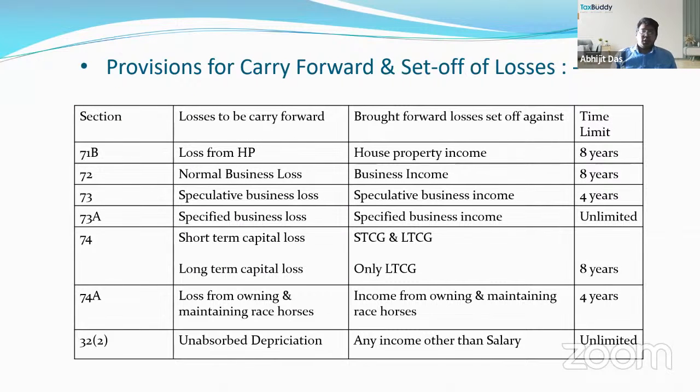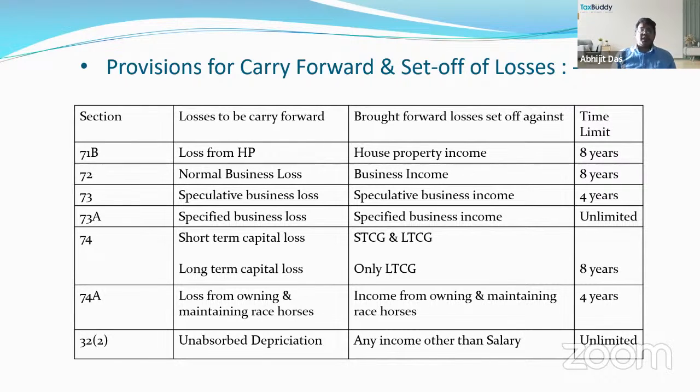And here are the provisions for carry forward of losses and set off of losses. According to section 71B, any carry forward loss of house property will be adjusted against house property income in subsequent years, and the period available for such adjustment is 8 years.